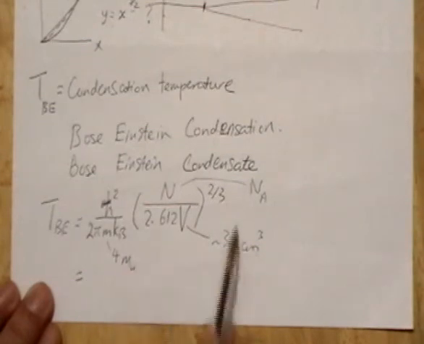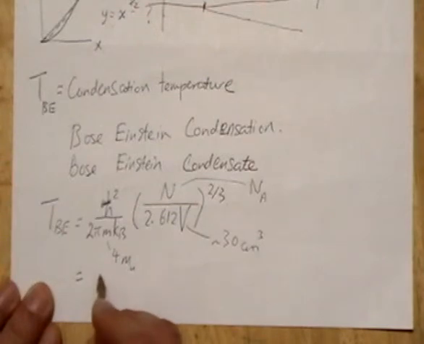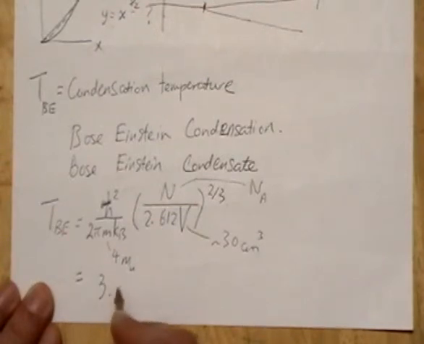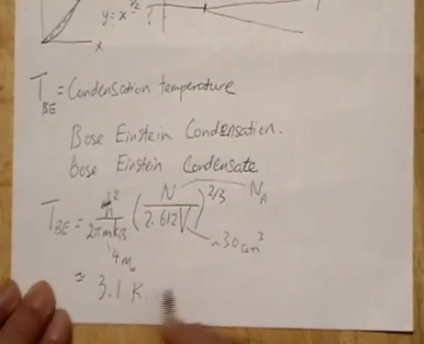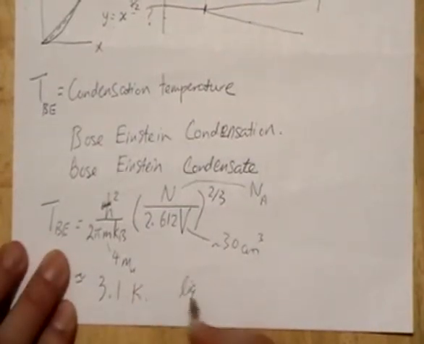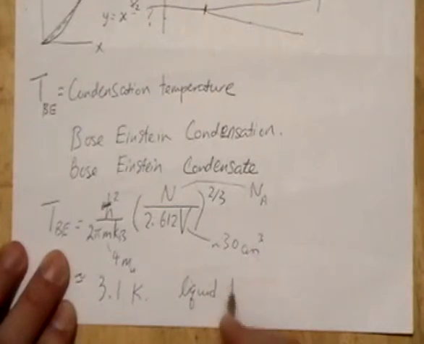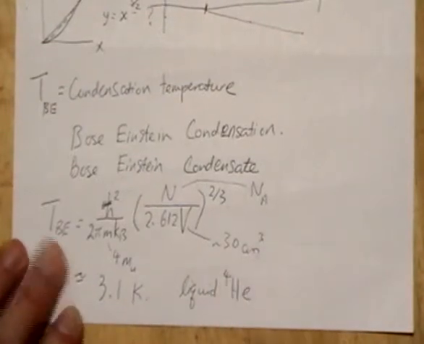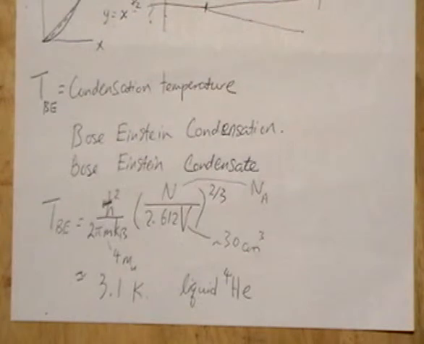With these numbers that we know, we can then calculate an answer, and you'll find that it is about 3.1 Kelvin. So this is for liquid helium-4. So we have a number there. Now we'll come back to this number.